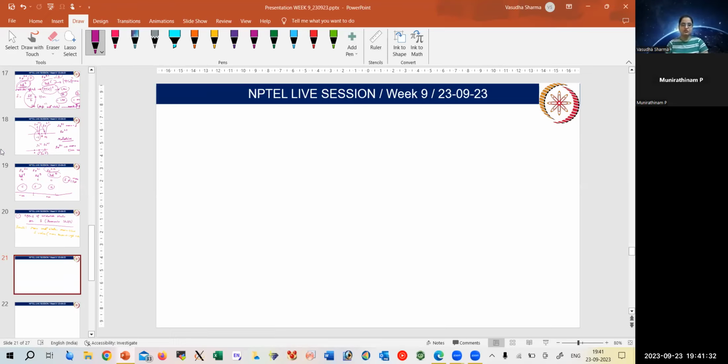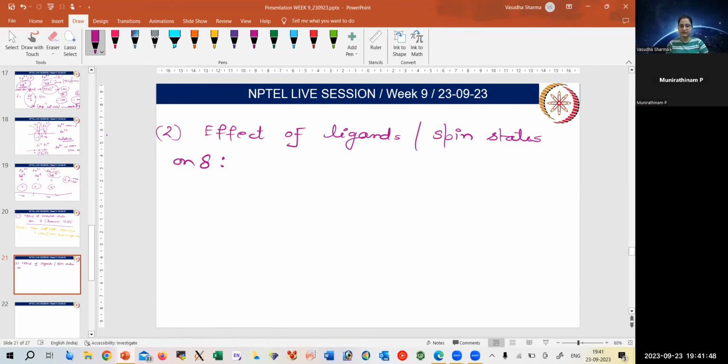Okay, so the second point that we are having is the effect of ligands, or the spin states, on delta.